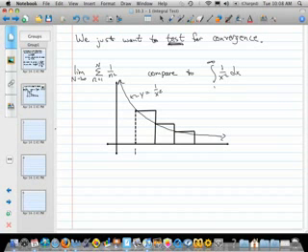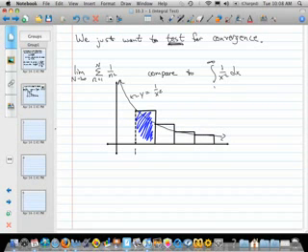I'll clean this up a bit too. Even out these things. Okay? So the sequence is given by the area of these boxes.